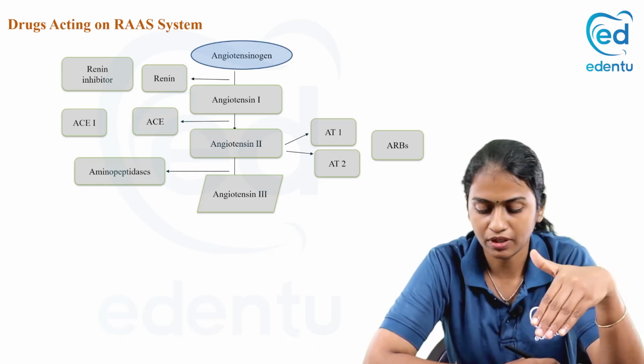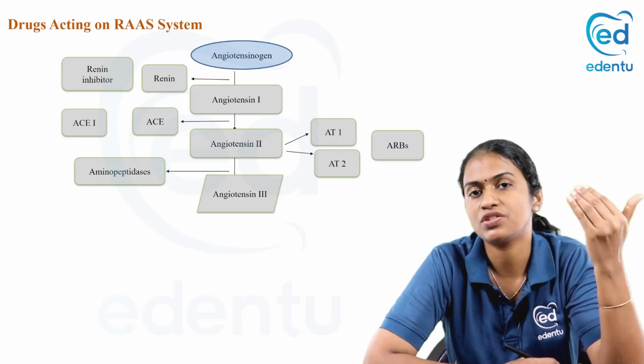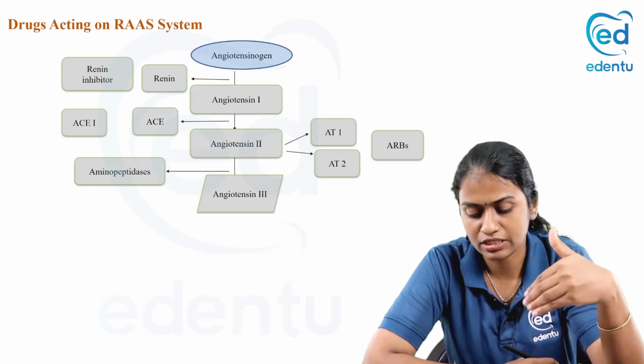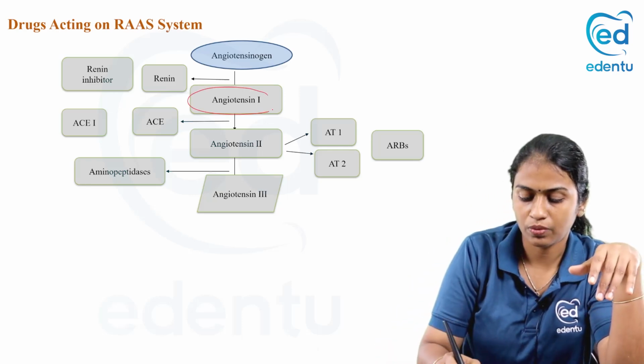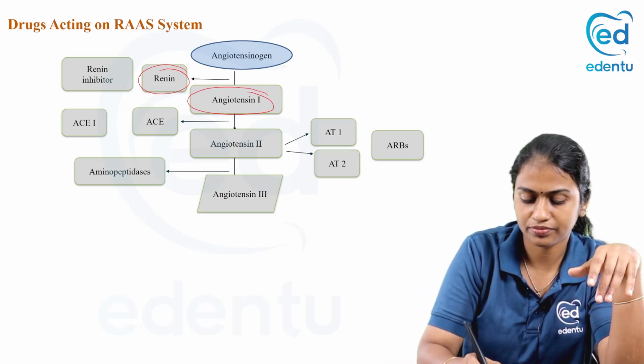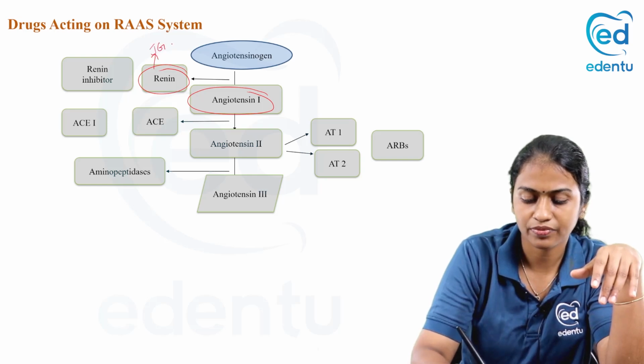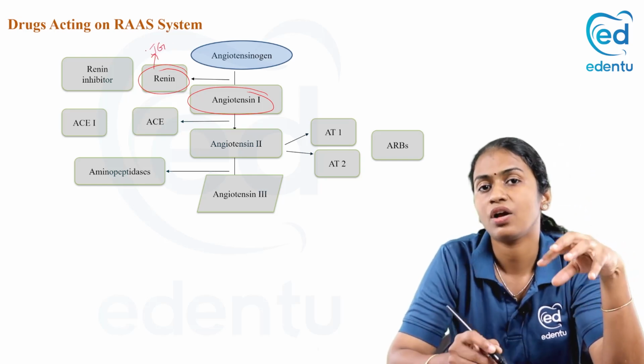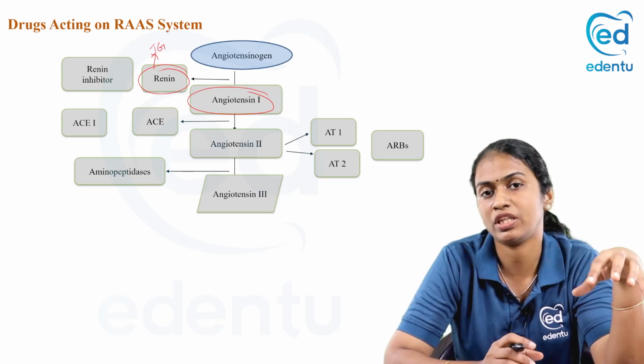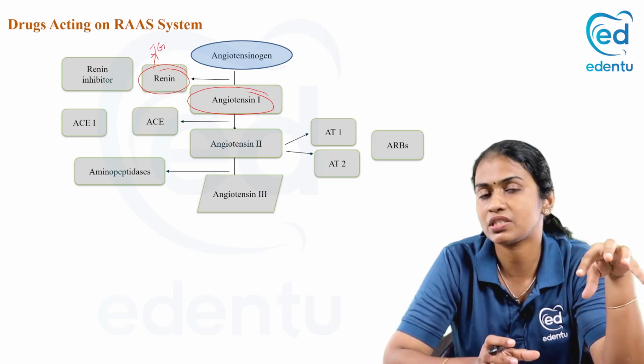renin-angiotensin-aldosterone system? Okay. So we know that angiotensinogen is converted into angiotensin 1 with the help of renin, which is secreted from the JG cells, juxtaglomerular cells, whenever there is hypovolemia or when the beta receptors are stimulated.